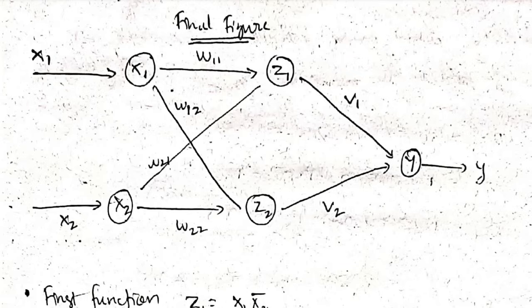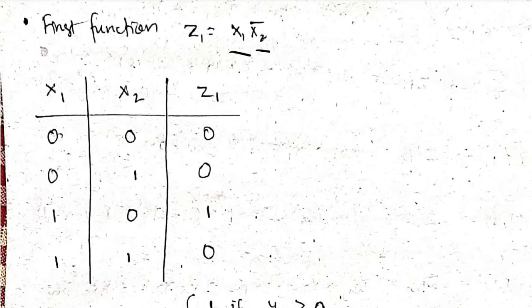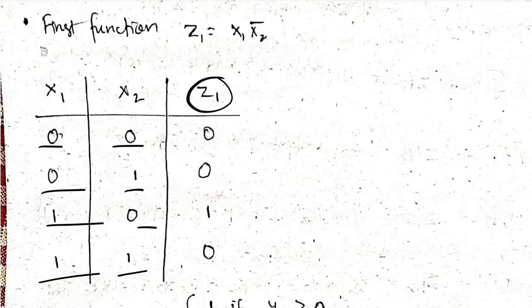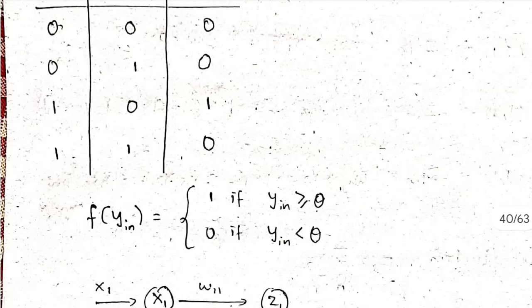So let's do one step at a time. First let's consider this one, x1 x2. First function is z1 equal to x1 x2 bar. If I draw the truth table, I'll write the values here for x1 x2, all the values, and if I calculate z1 by substituting each of these values, what I get is 0 0 1 0. In one case only I'm getting 1, the rest of the cases I should get 0.